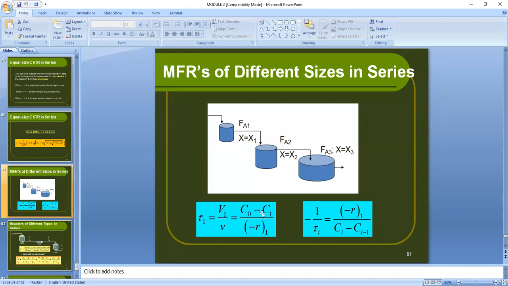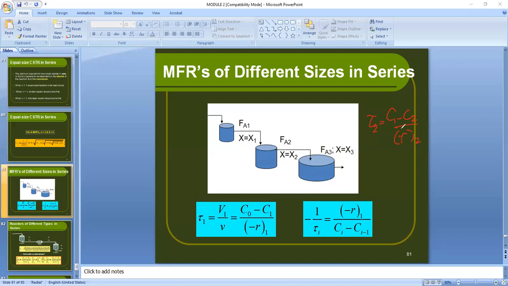If it's the same rate law, why is there a need for the rate to be labeled as negative R parenthesis 1? Let's say, for example, I write here tau sub 2 equals C sub 1 minus C sub 2 over rate 2.